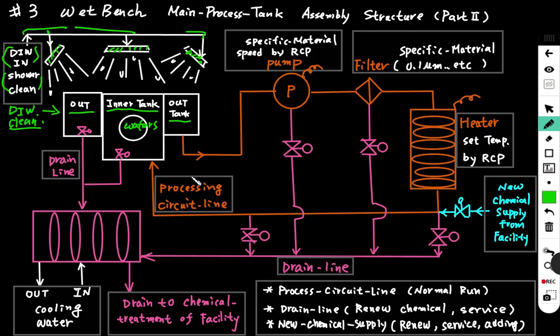And you can see we have the process circular line. First of all, we use the new chemical supply from facility to the line to the inner tank to let the inner tank fill with chemical and overflow to the out tank.